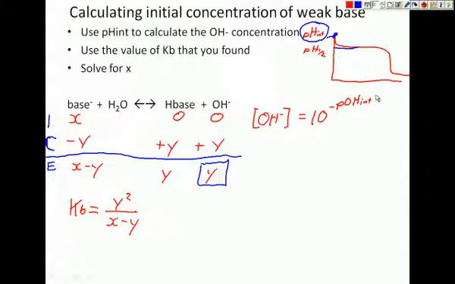To get pOH initial from pH initial is easy: OH minus equals 10 to the minus, where pOH initial is equal to 14 minus pH initial.